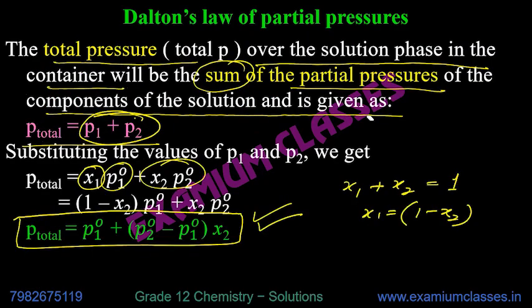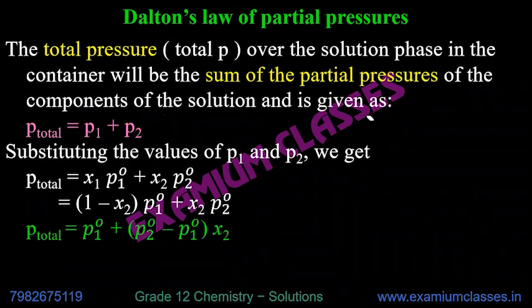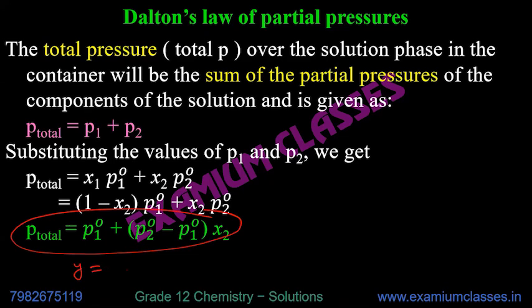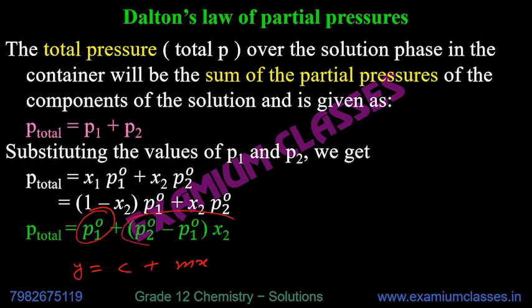And this one is also a straight line. This is y equals mx plus c actually. This part is c and this part is m, the slope. This is x. So in terms of x2, it will be P total equals P1 naught plus P2 naught minus P1 naught.